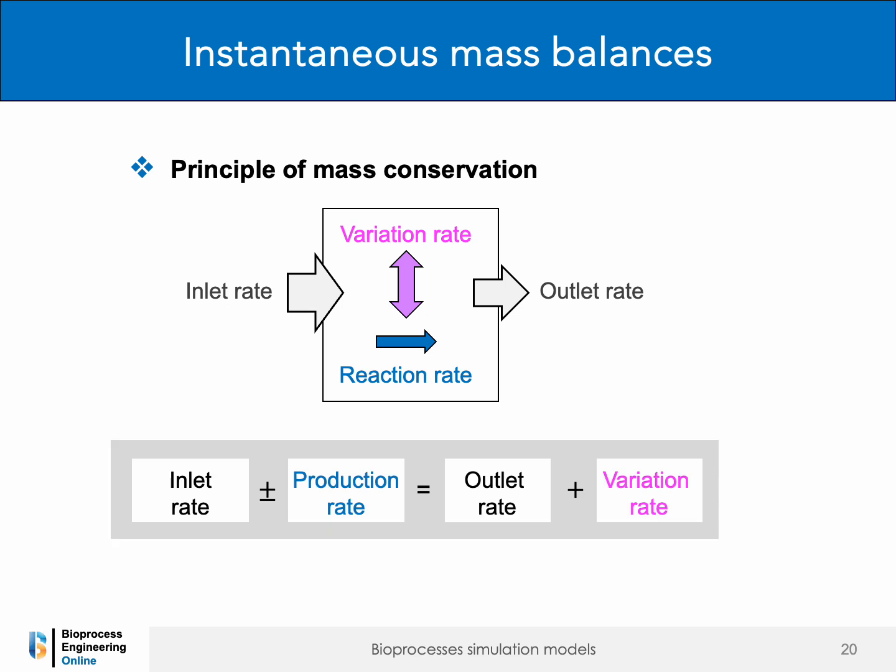The instantaneous mass balance relation is written as inlet rate plus or minus production rate equals outlet rate plus internal variation rate. The second production rate term is positive for the produced biomass, negative for the consumed sugar.